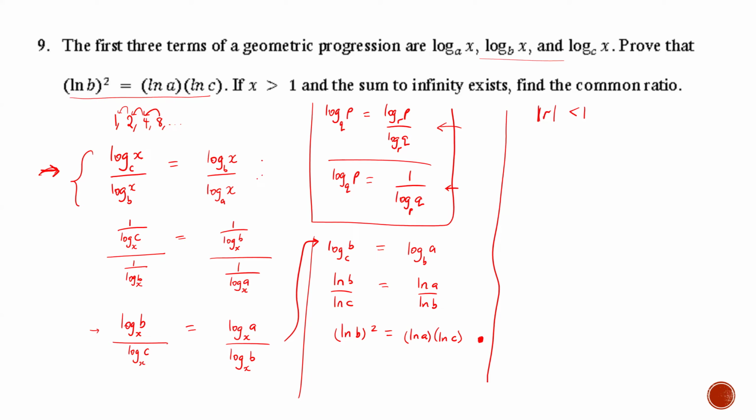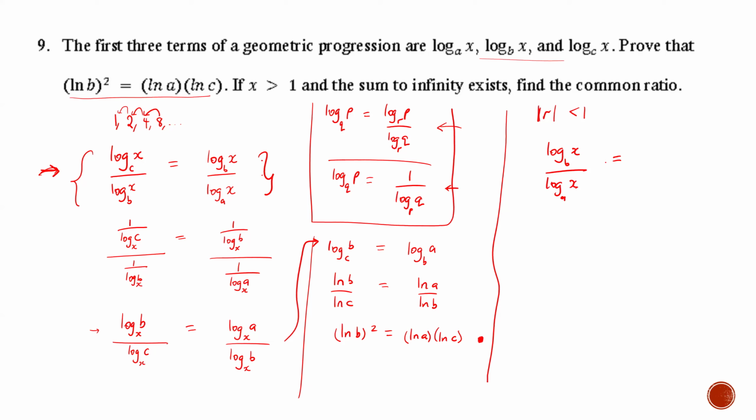How do we get the common ratio? The common ratio is actually already given to us. The common ratio is the ratio between any two terms. So the common ratio we have there is the log of x to base b out of the log of x to base a.